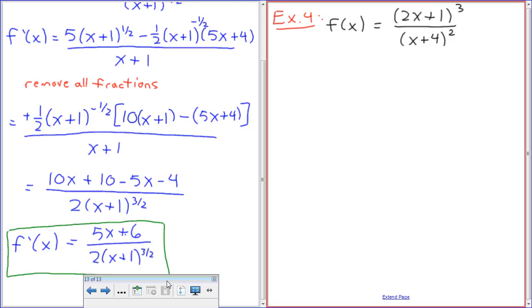5 divided by 1/2 is 10. Right, but when you factor it, 5 divided by 1/2 is 10. And then x plus 1 divided by 1/2.